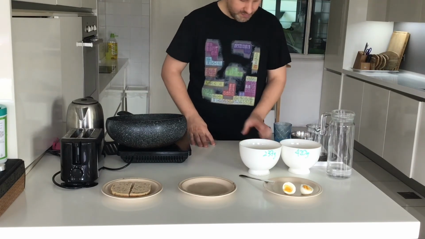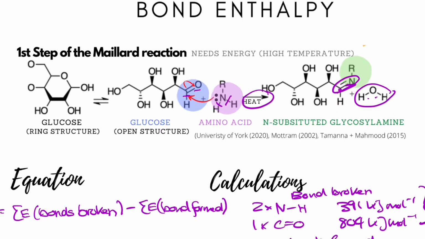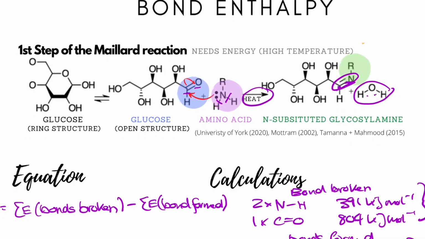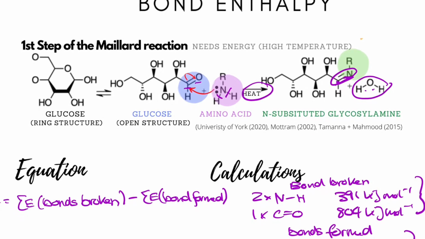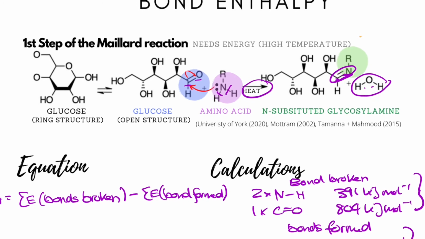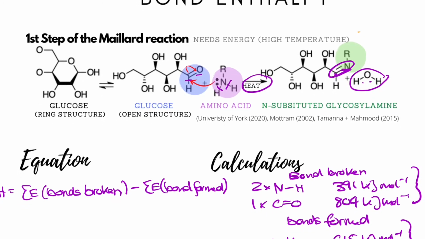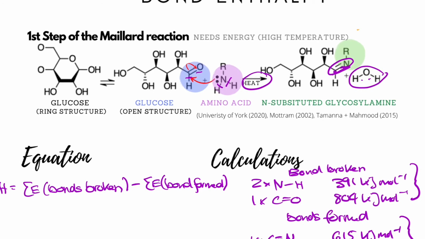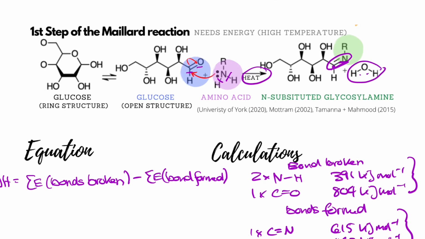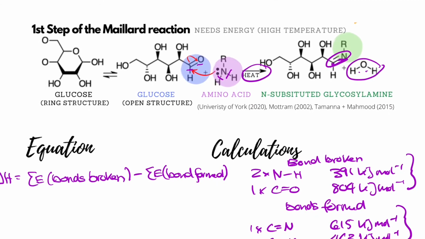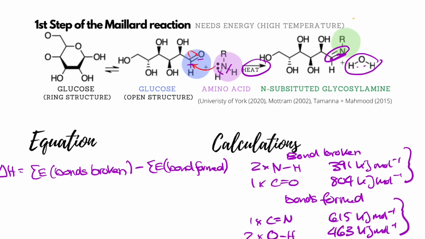Remember. Okay. So with bond enthalpies, it's a little bit different. When we talk about bond enthalpies, we have to look at the reaction, because we need to know what the chemicals were before, the reactants and the product. And then we're looking at which bonds are broken and which bonds are formed. When we break bonds, we need energy to break the bonds, so it's an endothermic process.